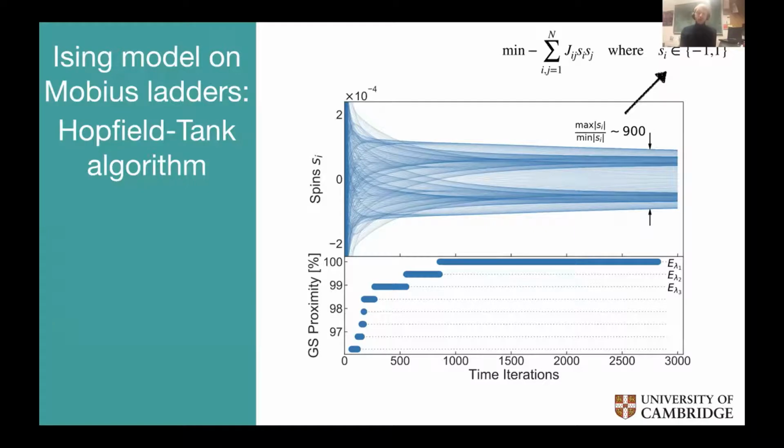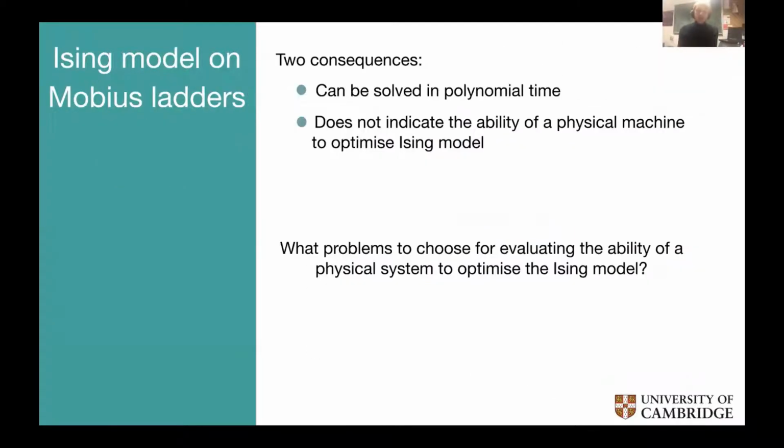This is actually well within the behavior of the Hopfield-Tank algorithm, which was established in the 80s and 90s. What it does is lead your network elements in the direction of the eigenvector corresponding to the largest eigenvalue. So what it means for us is that we can make two conclusions from here.